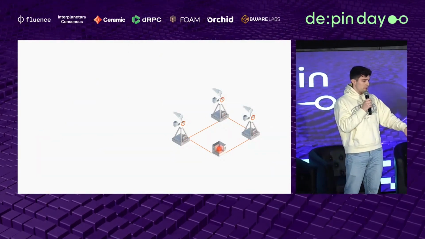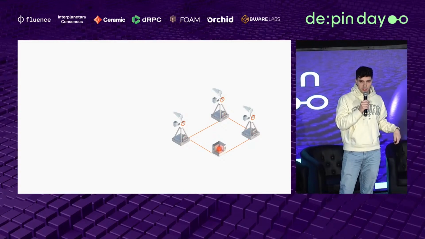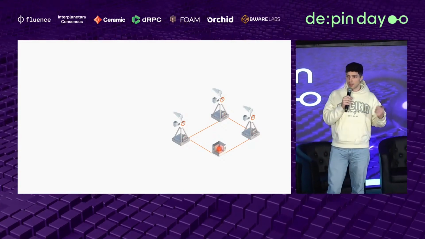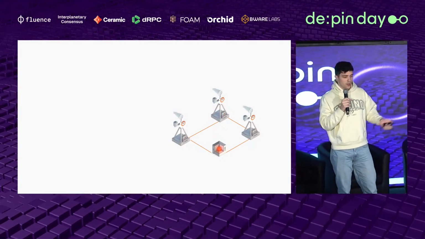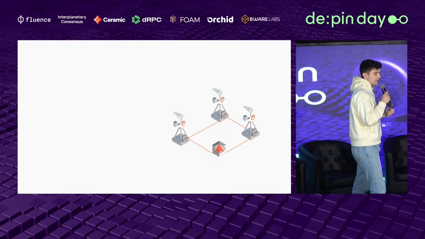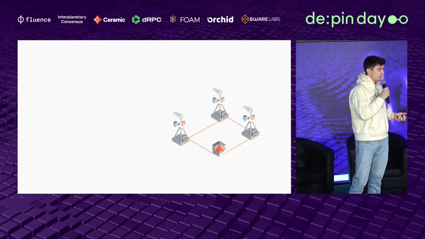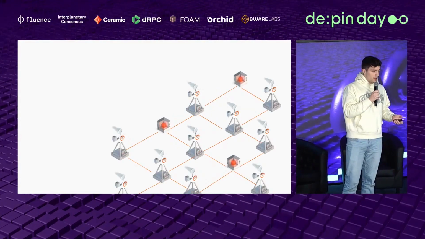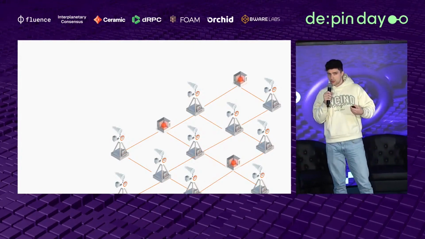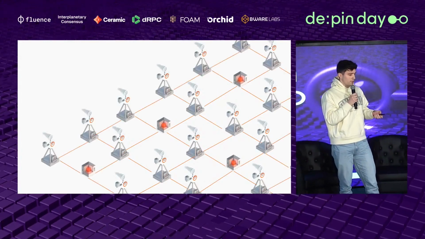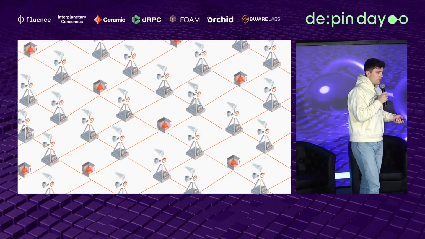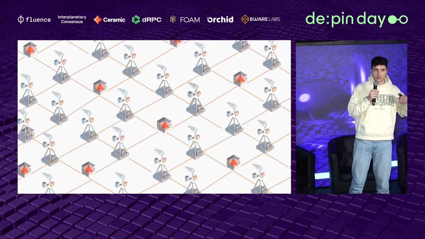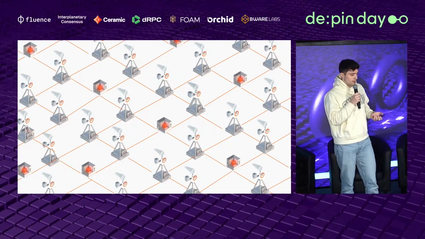You've got these weather stations, they're all publishing, and you've got this cube, which is maybe a subscriber, a dashboard, an AI, that is listening to this data and processing it. And this scales very well with Streamr. The more nodes join this network, the stronger the network gets, while if you have a centralized instance, you need to think about load balancing and all of that.